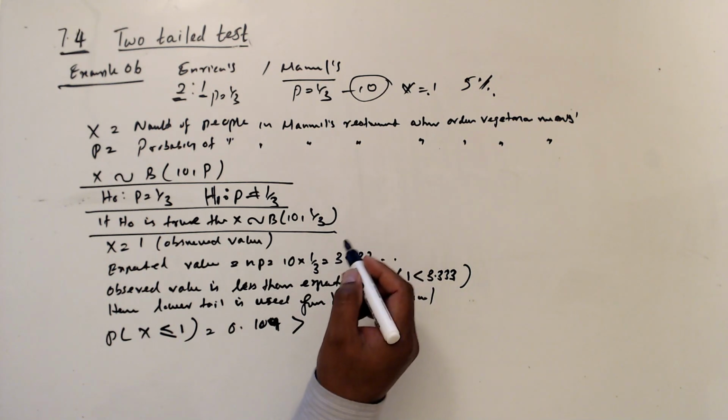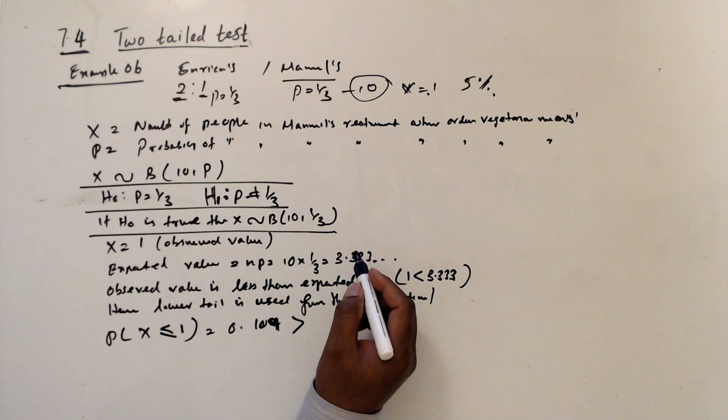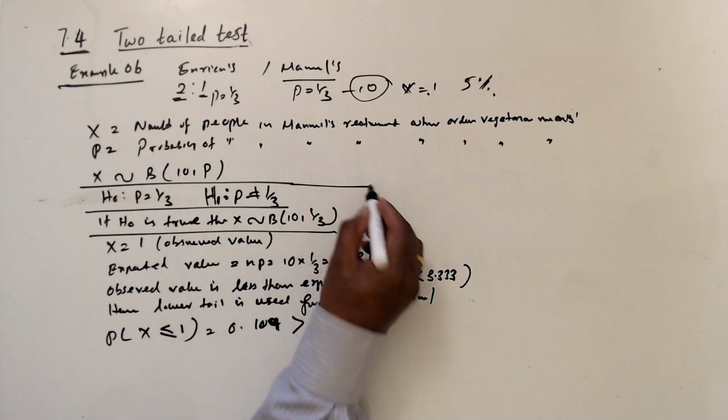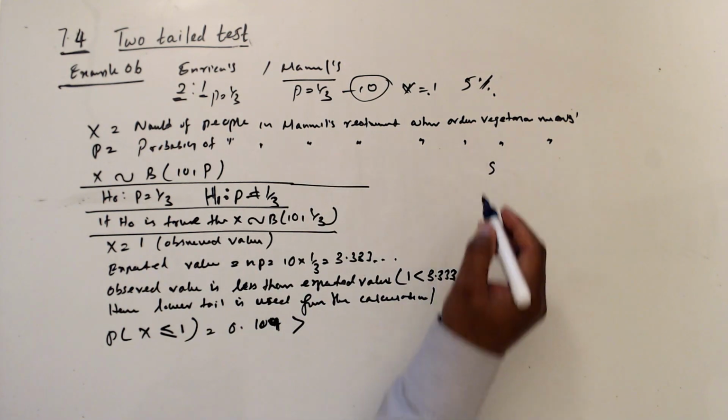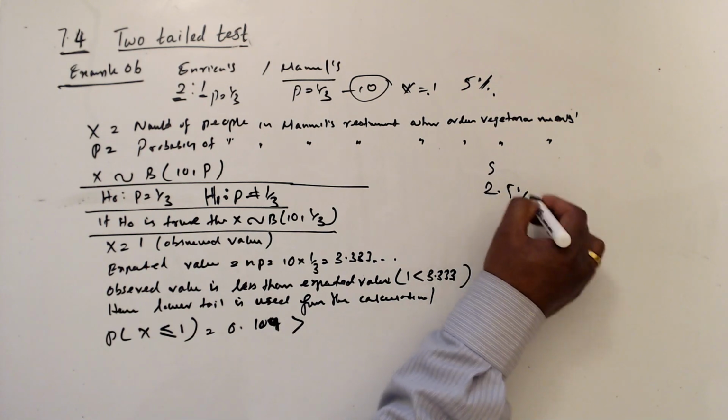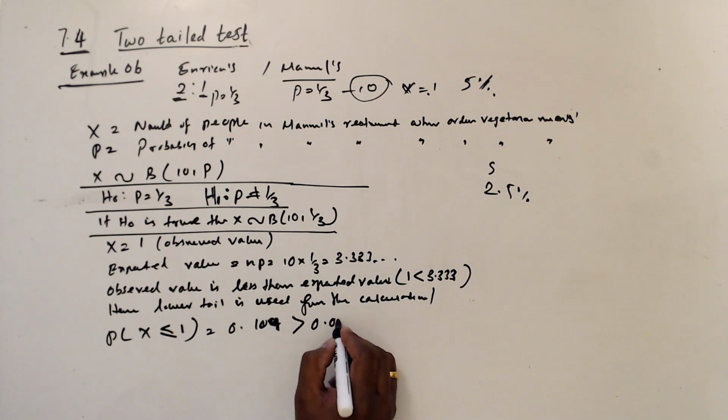Actually somewhere it is better to write, okay, that is half of 5, it is going to be 2.5, it means 0.025.